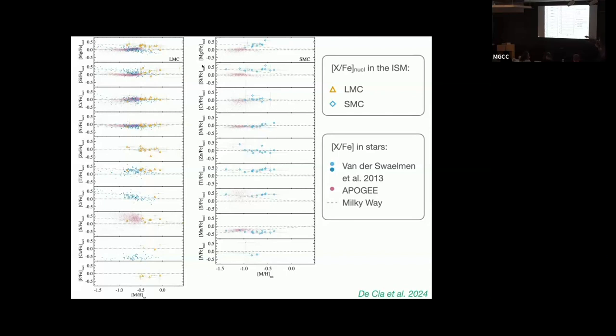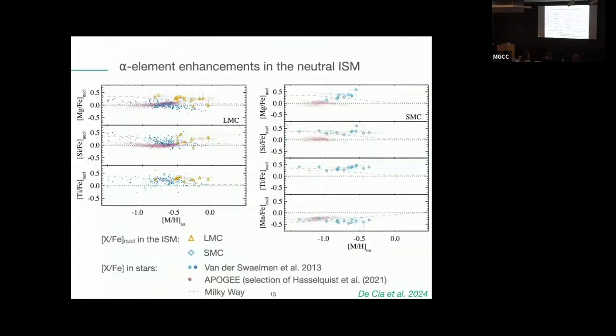I know some of them are deviating or not reliable. And for the first time, we can plot something like this and compare the chemical properties of the stars and the gas on the same scale. I zoom in on some panels so you can see the comparison better.